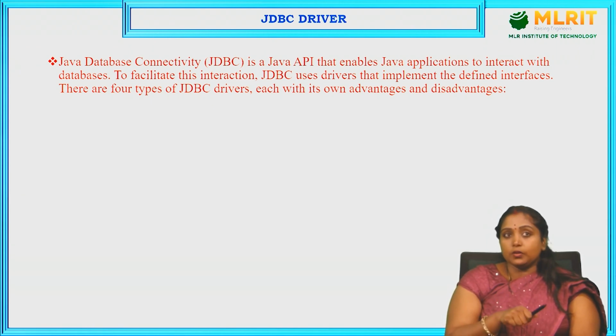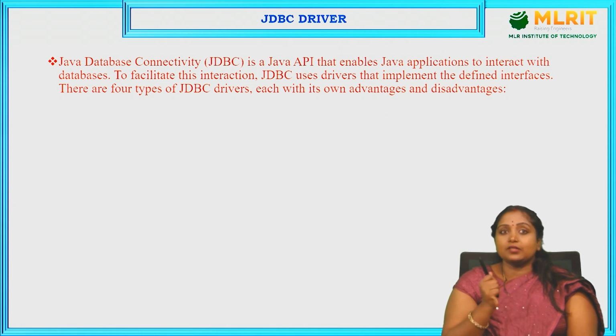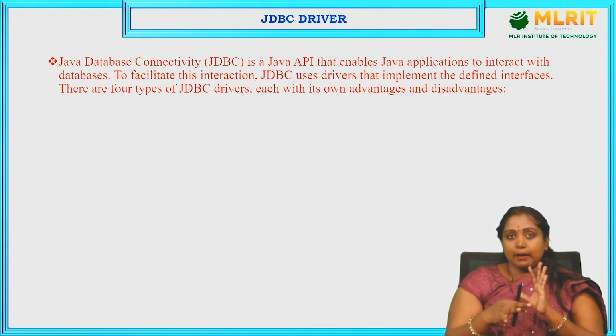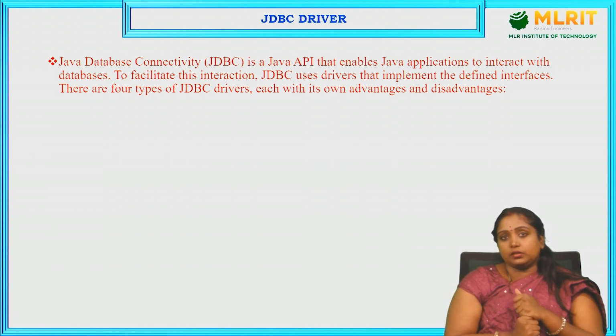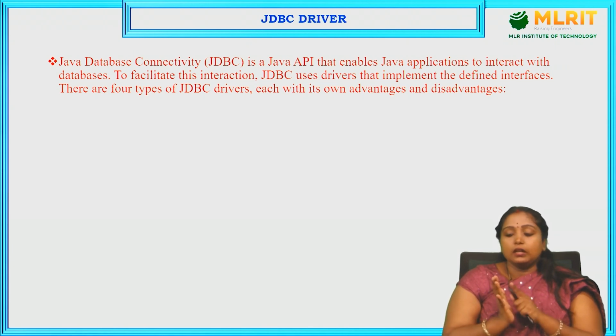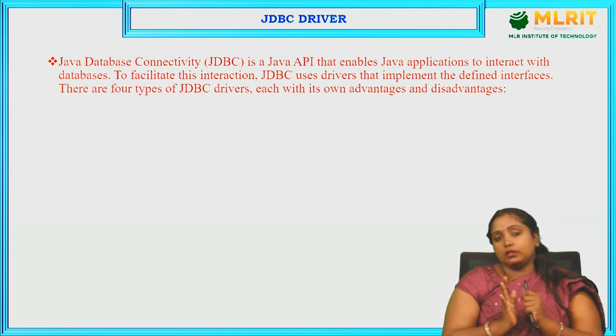In order for Java applications to interact with the database, there should be an interaction layer in between them. So, we are going to use drivers. JDBC drivers are used to make the Java program ready to interact with the database.